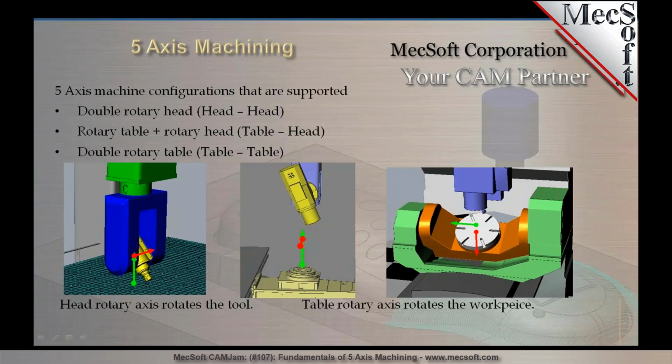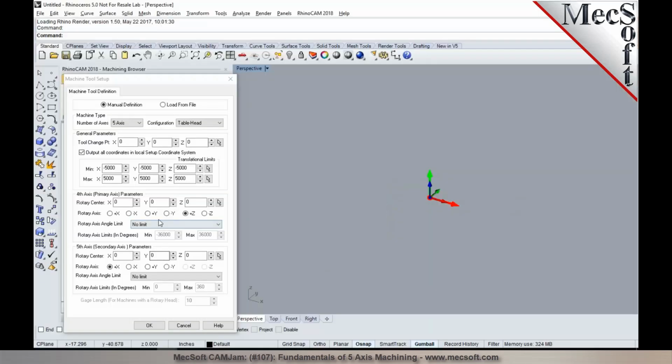So in that particular case, I would define the machine tool here as primary as Z, and the secondary would be rotating on the Y. So you would define your primary and the secondary. If you define the primary about X, then your secondary could be rotating about the Y for the head. So the head could be only X or Y. So depending on how you define the primary axis based on how the machine is set up, you would then define your secondary axis in here.